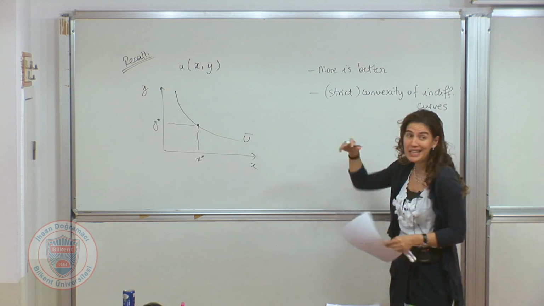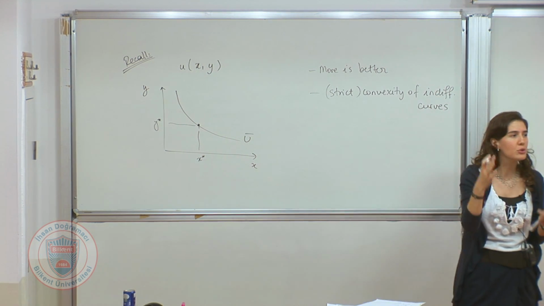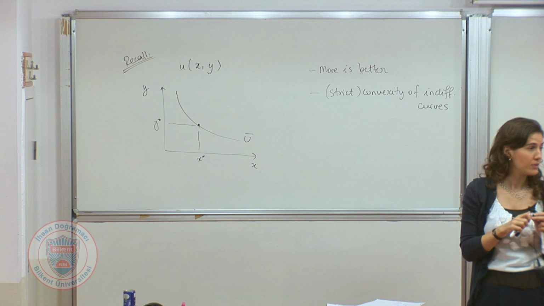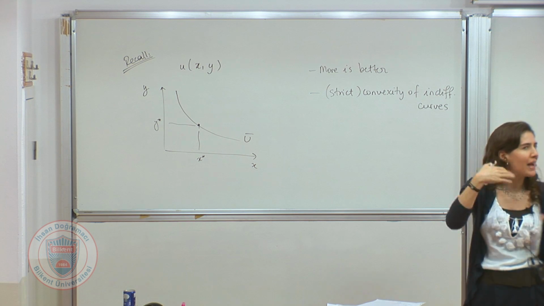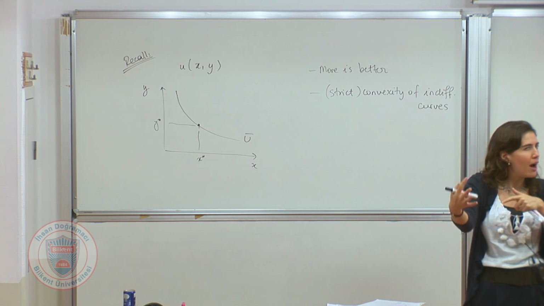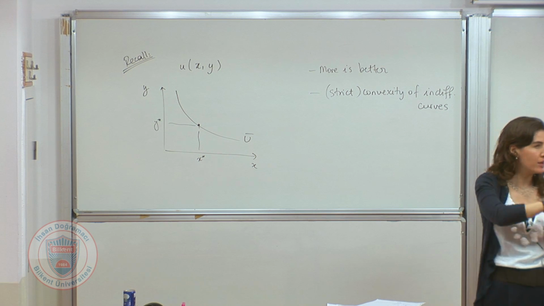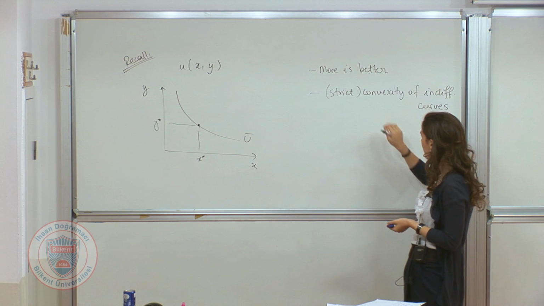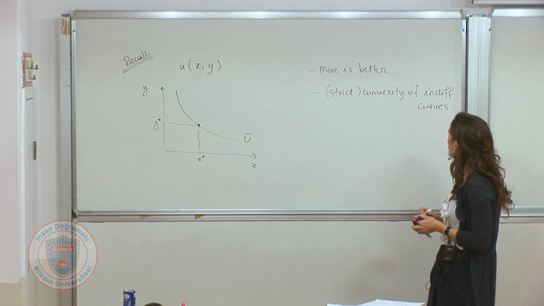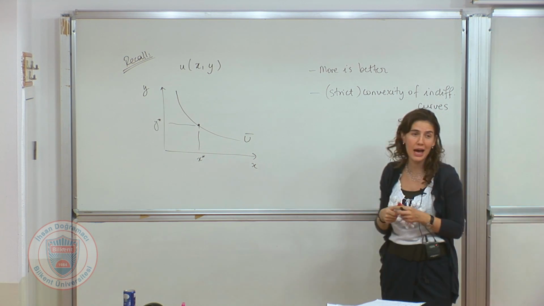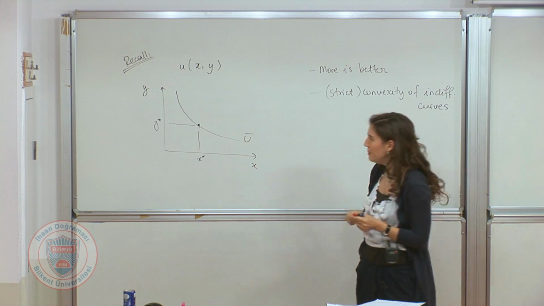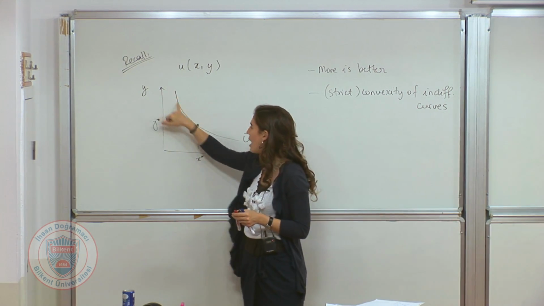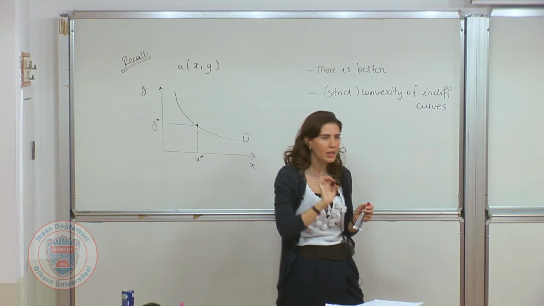These properties don't have to be satisfied; they are extra properties. If they are there, we know what they correspond to in terms of math, as we'll see. This is the strict convexity of indifference curves, meaning we have nicely shaped indifference curves.